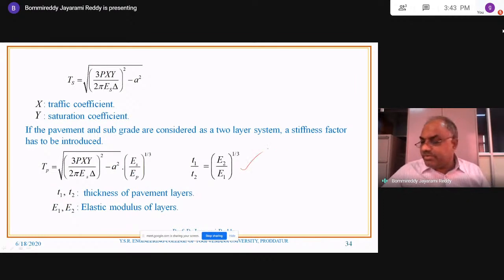But at the most, if a question appears on the triaxial method, it will be T1 by T2 equals (E2 by E1) whole power 1 by 3. Sometimes thickness T1 is given, E1 is given, T2 is given, and you have to find the value of E2. For that purpose you can remember this equation; all the remaining things are not required, don't remember them.